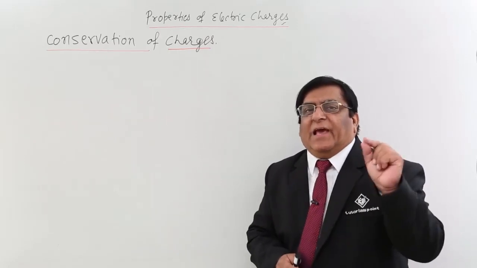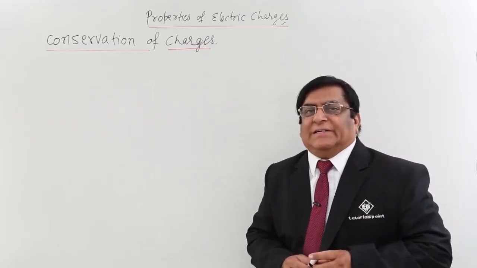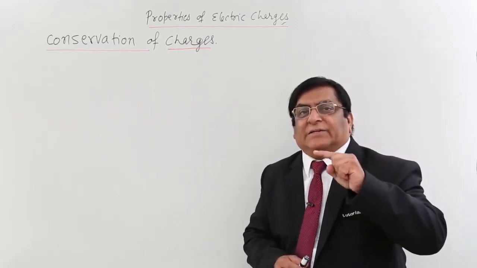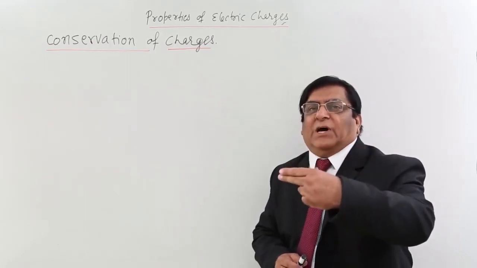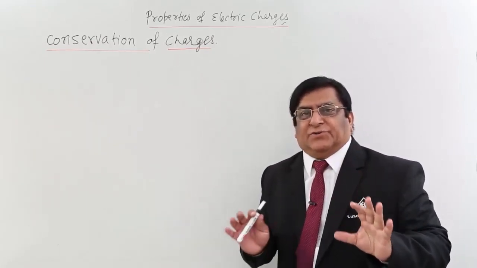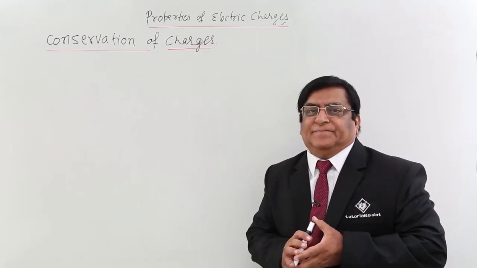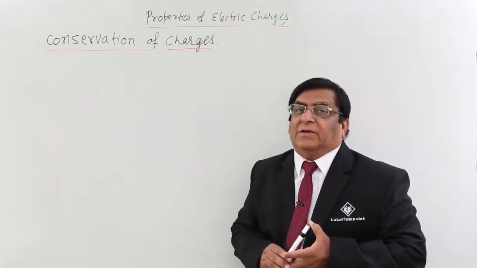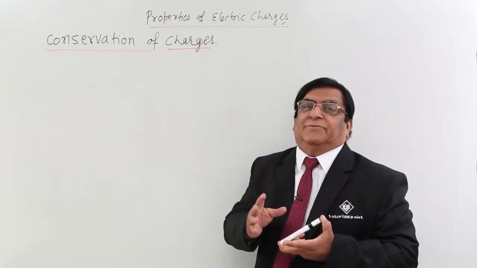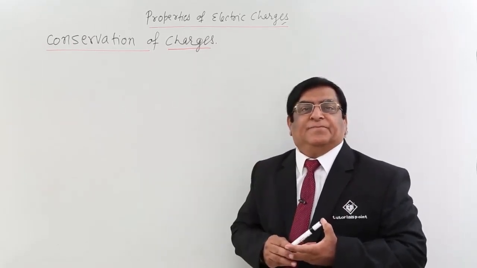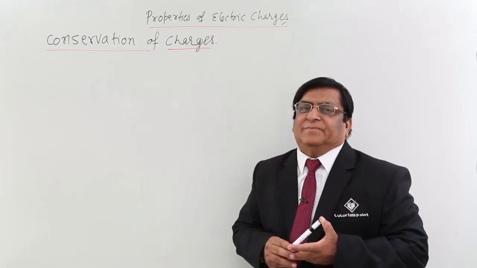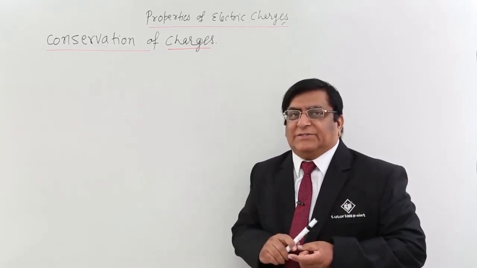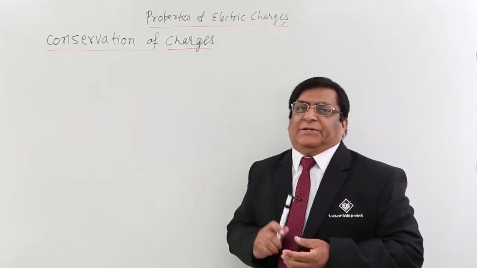And what is the general language of a conservation law? It says that we cannot create a new charge. Whatever are the charges in this universe made by nature, we cannot create them, and similarly, we cannot destroy them from this universe. So the law says we cannot create a charge, we cannot destroy a charge.